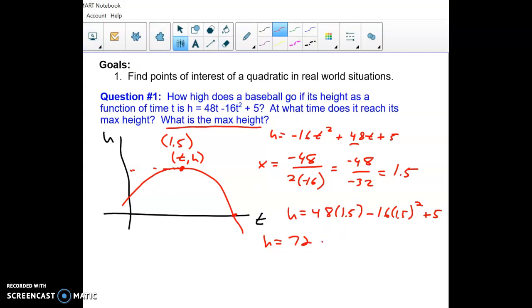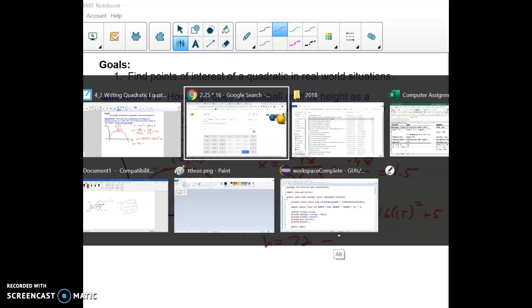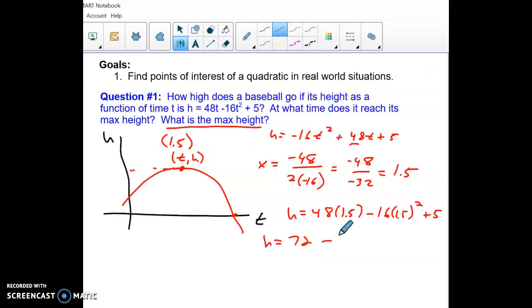Then here we've got to square the 1.5 first and then take that times 16, which is 2.25 times 16 gives us, sorry, I had to just do it, 36. And then plus 5. And so our height should be 72 minus 36 plus 5, 41. And so that is our max height. So after 1.5 seconds, we hit a height of 41 feet. And that's sort of our answer.